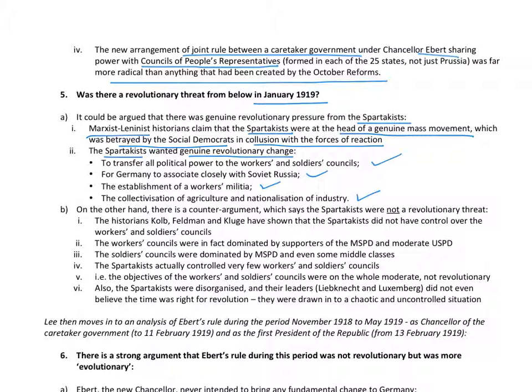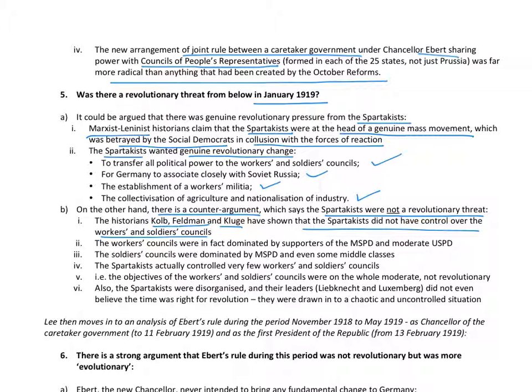On the other hand, and this is where Lee tends to lie, having presented that argument, he then presents a counter-argument, and he says, actually, the Spartacists were not a revolutionary threat. He quotes the historians Coleman, Feldman and Klug, who've shown that the Spartacists did not control the workers' and soldiers' councils. They did not control the Soviets. So those spontaneous organisations that had been created in November 1918 to run workers' affairs were not really revolutionary.